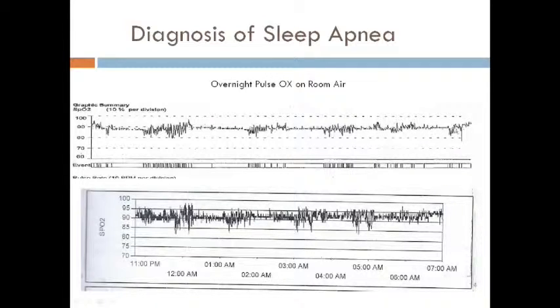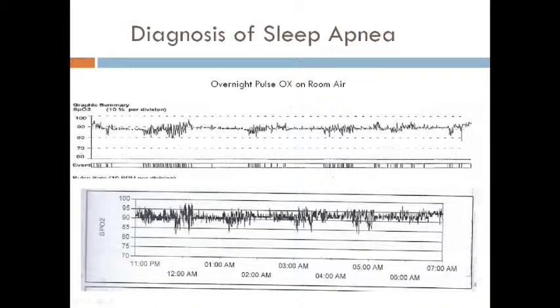This patient actually fell into some very dangerous levels of low oxygen while they were sleeping, and their body has a natural alarm that wakes them up and does not allow them to stay at that level for a long period of time. But the fact is that they just don't get a restful sleep because they don't have a chance to go through the 4 stages of sleep into what they call REM sleep.